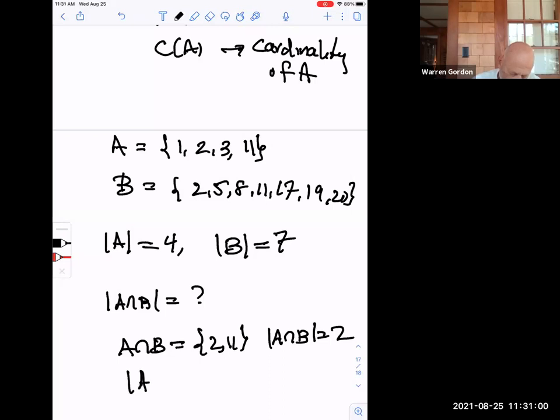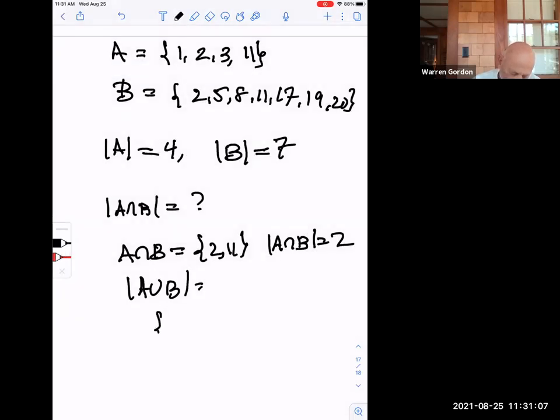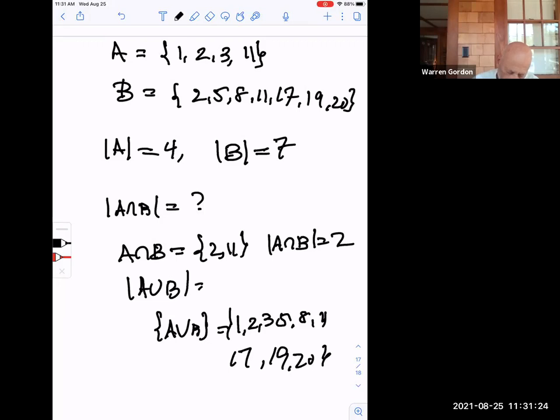What about the number of elements in A union B? Well, got to be a little bit careful here now. What is A union B? It's 1, 2, 3, 5, 8, 11, 17, 19, 20. So what do I have? 1, 2, 3, 4, 5, 6, 7, 8, 9. If I didn't make a mistake just now, I got 9. Okay.